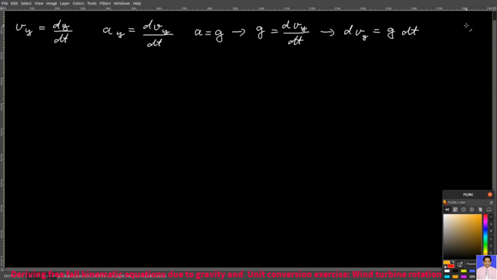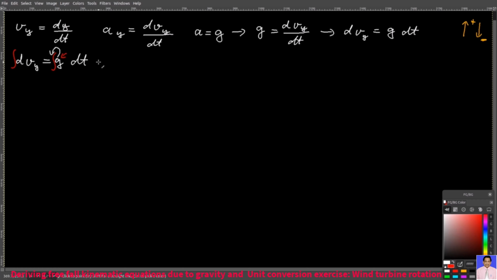And by the way, the convention is that the velocity and the acceleration up would be positive, and the velocity and the acceleration down would be negative. And so what we can do is take this equation, dvy equals g dt, and integrate it. Since we assume that this g here is constant, we can bring g out of the integral sign.